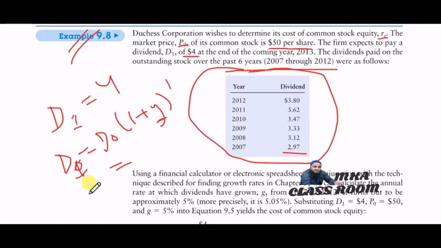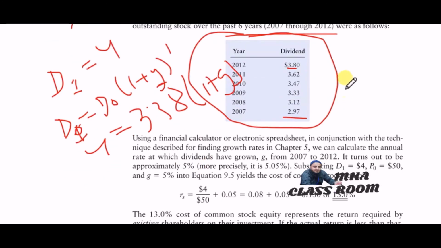So D1 is 4, D naught is 3.38, and 1 plus G equals 4 divided by 3.38.